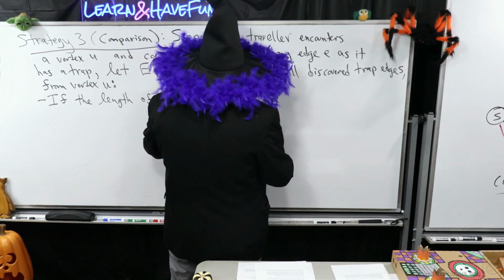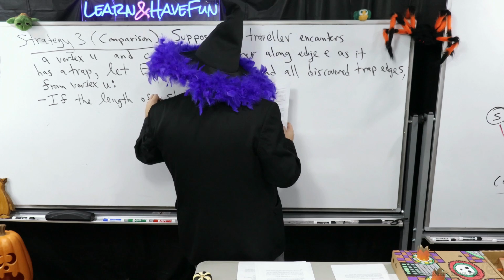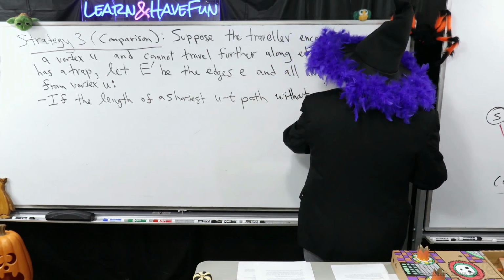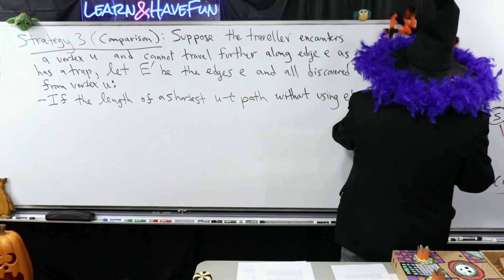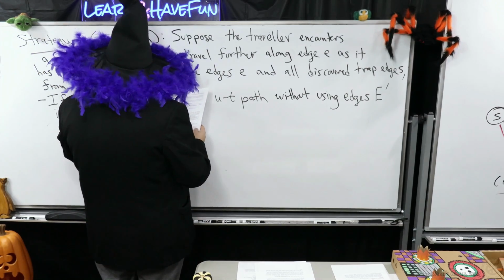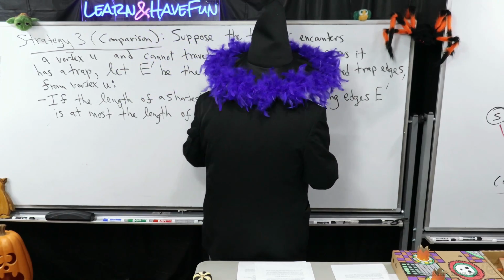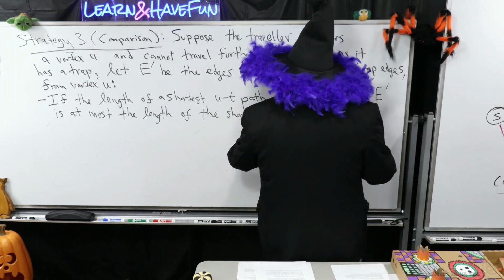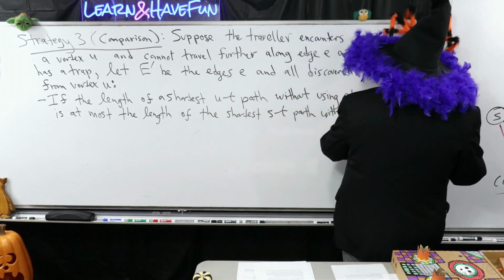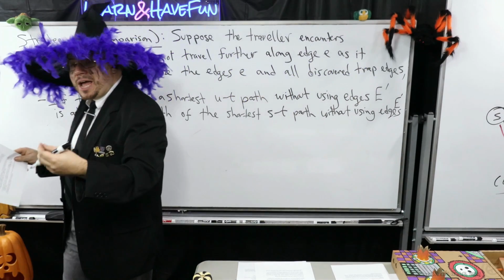If the length of a shortest UT path without using edges E prime is at most the length of the shortest ST path without using edges E prime.